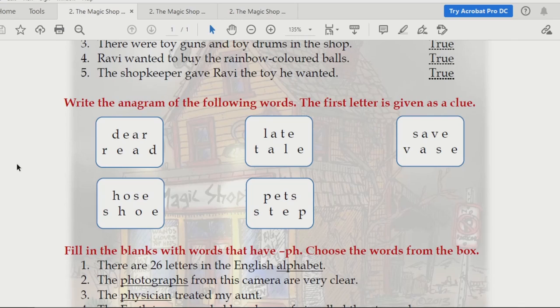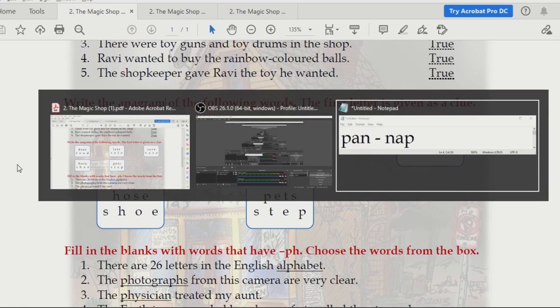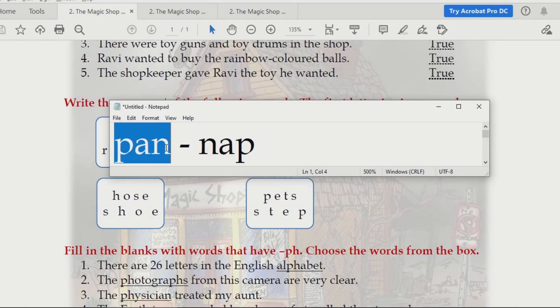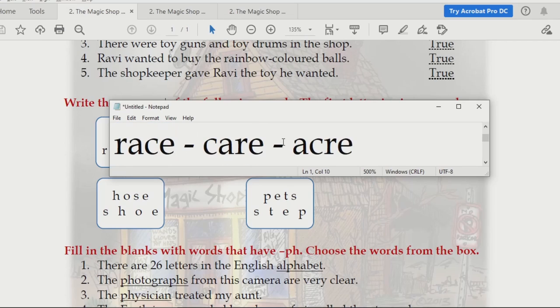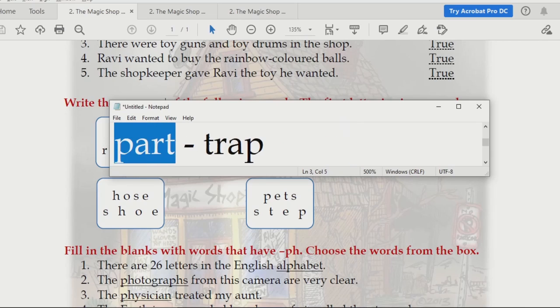And to explain to you this, I have some more examples. Please look at this. PAN, pan. Pan can turn to nap. RACE, race, can become care. It can also become acre. Part can turn to trap.